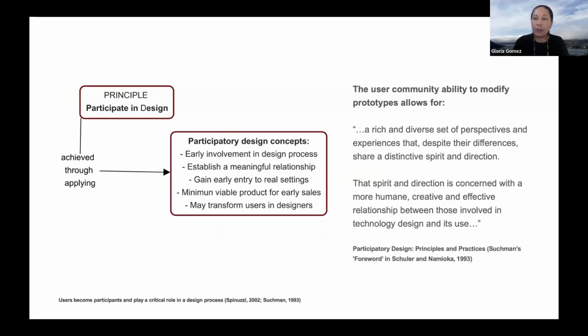The ability of the user community to modify prototypes allows for a rich and diverse set of perspectives and experiences that share a distinctive spirit and direction that brings a more humane, creative, and effective relationship between the people involved in the design of a resource or technology and its use.